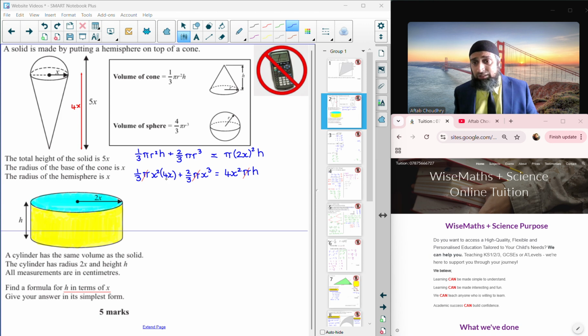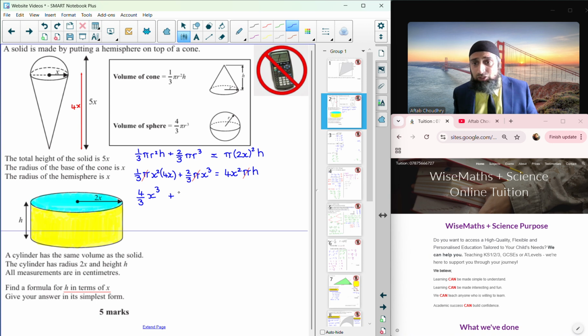Let's simplify this. 4 times 1/3 is going to give us 4/3, so 4/3 x squared times x, which is 4/3 x cubed, and then let's add this on.